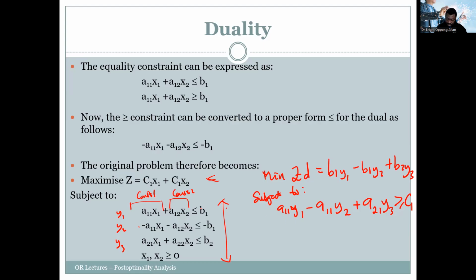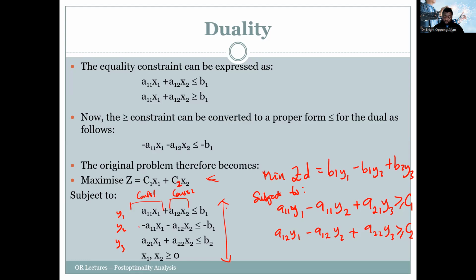Then the second constraint is A12 Y1 minus A12 Y2 plus A22 Y3 greater than or equal to C2.